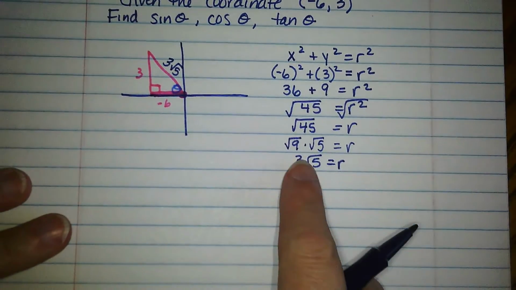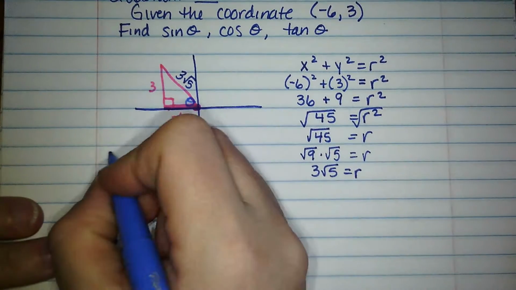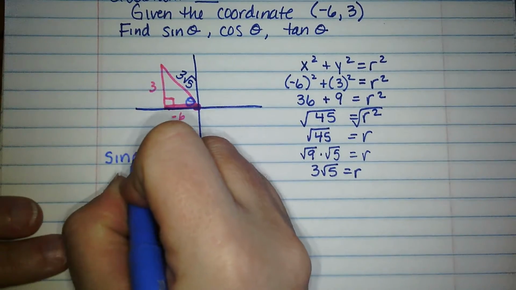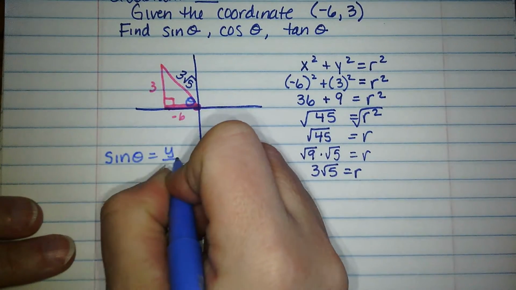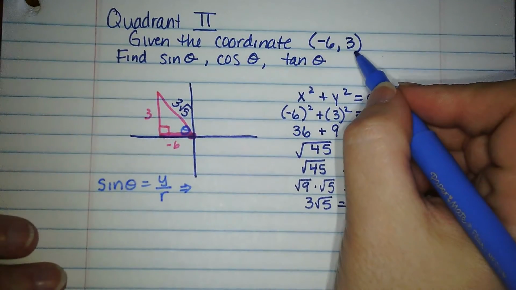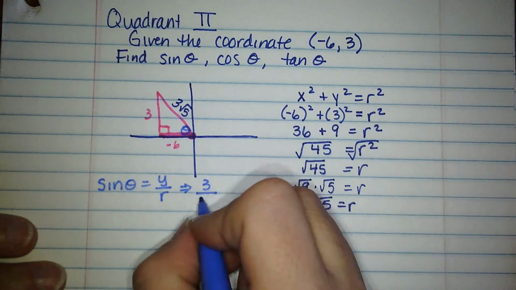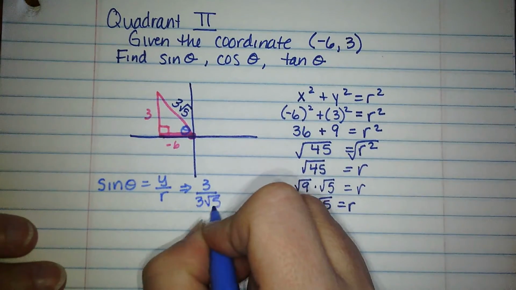Now we're ready to do our sine, cosine, and tangent. Since we already talked about the fact that those ratios really, truly work, we can do this super fast. So the sine is y over r, and that is going to give me 3 over 3 radical 5.